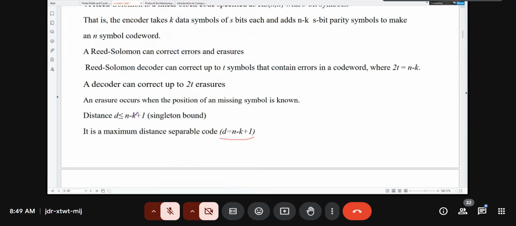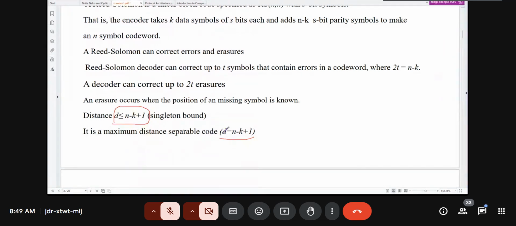So when you talk about the Singleton bound, we are saying this formula applies. The quantity n minus k plus 1 must always be equal to or greater than d. But when it is equal to d, then we say that code is a maximum distance separable code.